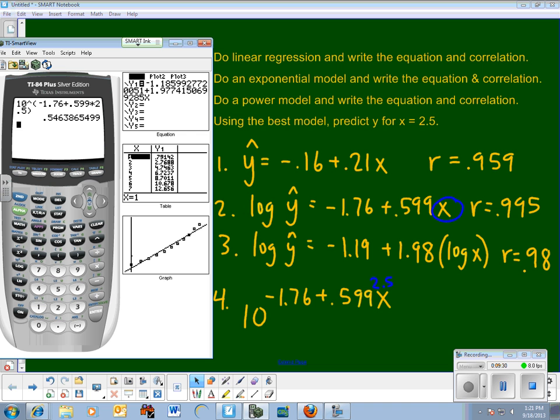So if you look at your original data, that should make sense. If we get up to 2.5, 0.546. So let's look at our original data. It's backwards for no particular reason, but the data, you can tell that as we go from down here at 1, we have 0.07, 0.08, 0.1, and then it starts growing a little faster.